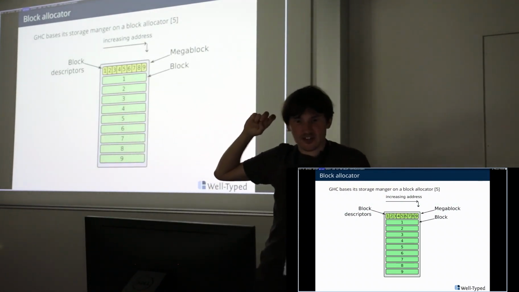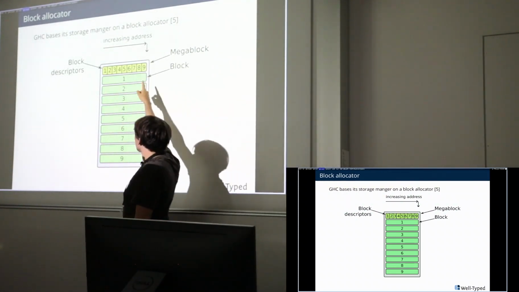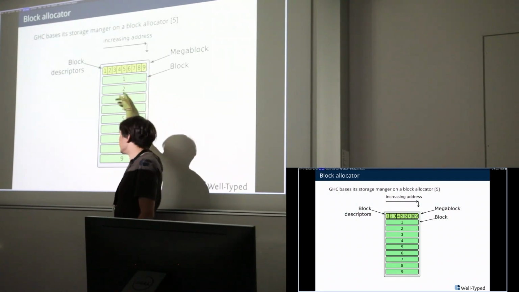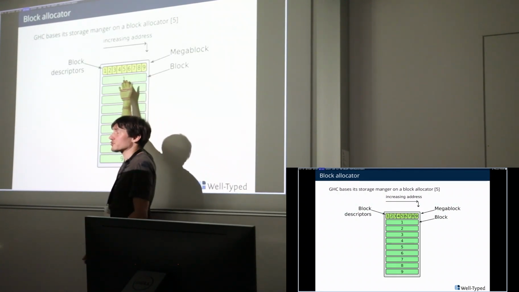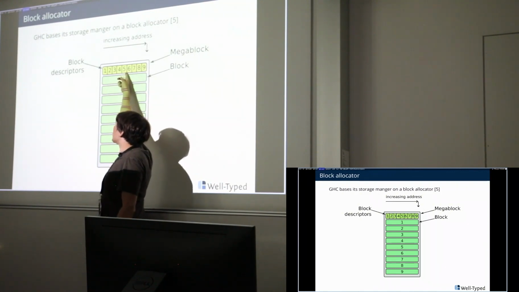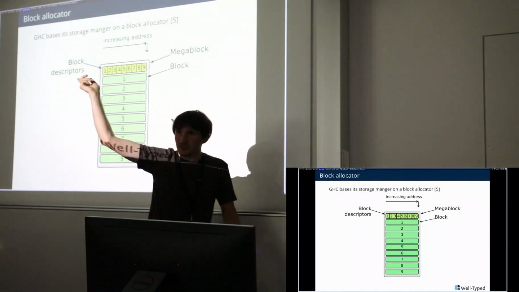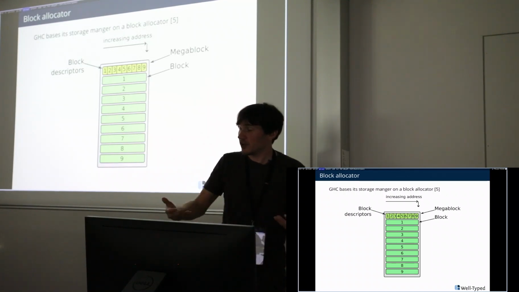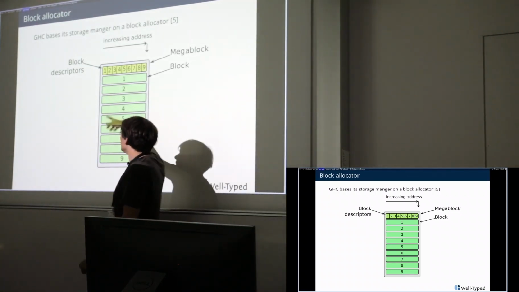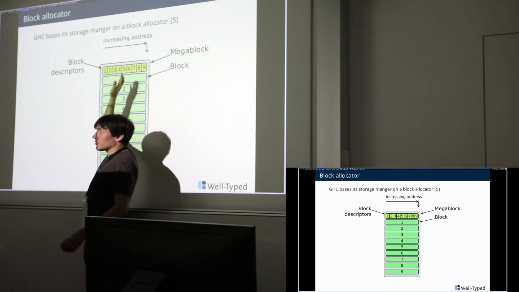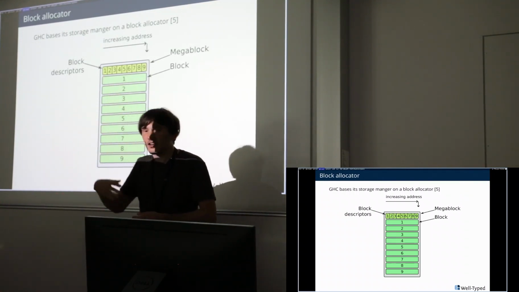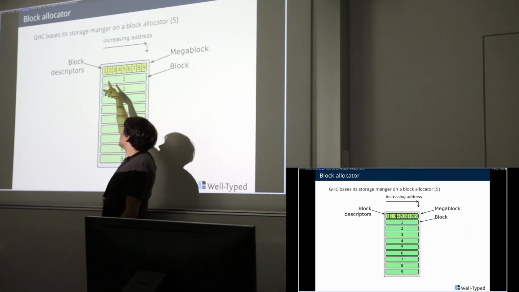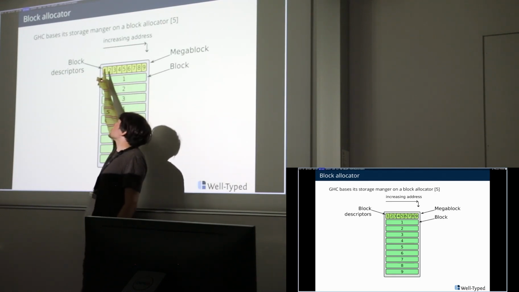The first block is not going to contain data, since the rest are the things we're allocating. Instead, the first block is going to contain a set of block descriptors. This is the metadata that we wanted to associate with these blocks. So every block has associated with it a block descriptor. And the nice thing about this whole layout is that we can, in constant time, go between the address of a block and its associated block descriptor.